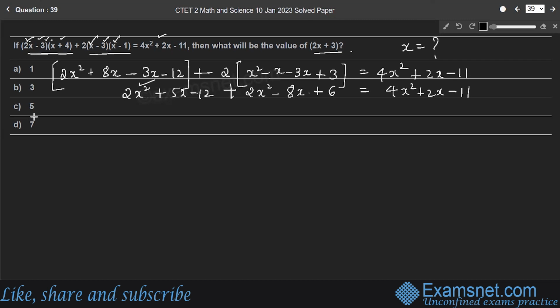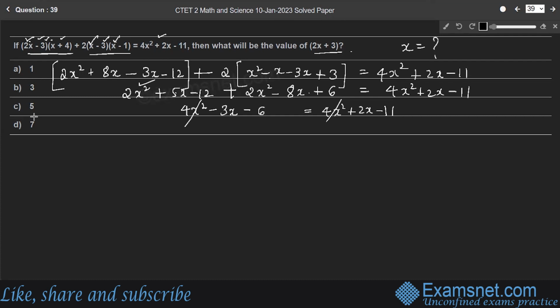Here 2x square plus 2x square becomes 4x square. So 5x minus 8x minus 3x and minus 12 plus 6 becomes minus 6 is equal to 4x square plus 2x minus 11. So here we can cancel 4x square and 4x square, right?